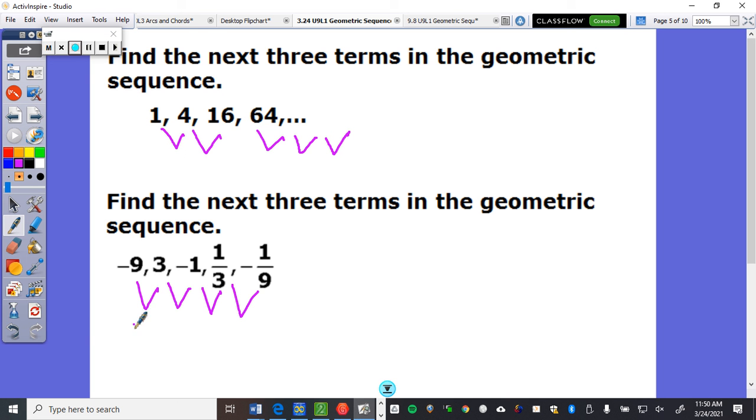So I'm multiplying by negative 1/3, because negative 9 times negative 1/3 is positive 3, and 3 times negative 1/3 is negative 1. So if my sign alternates, it's a negative value that is our common ratio.